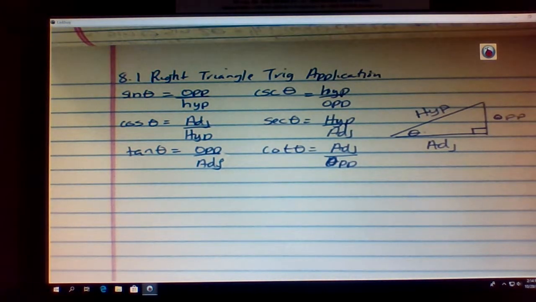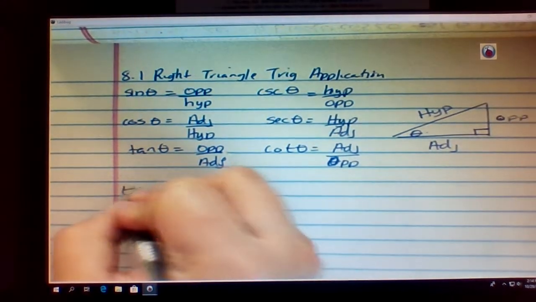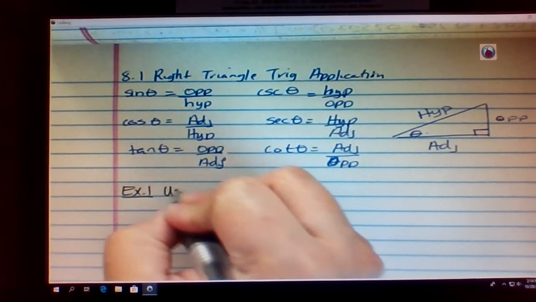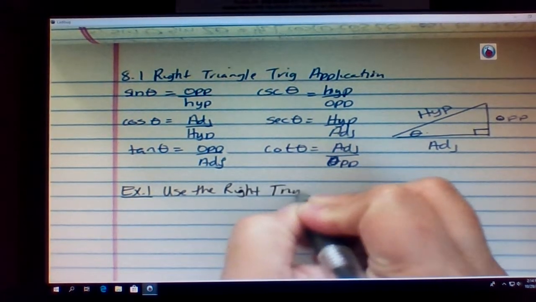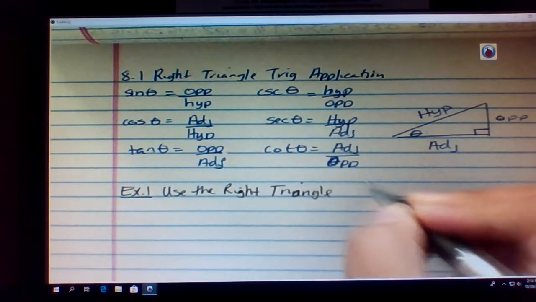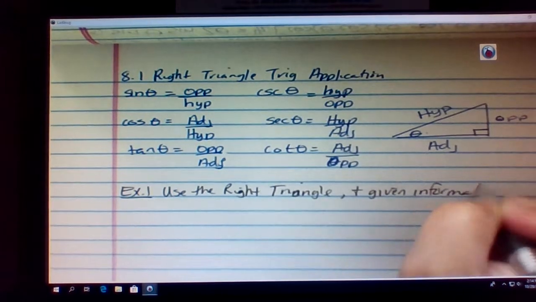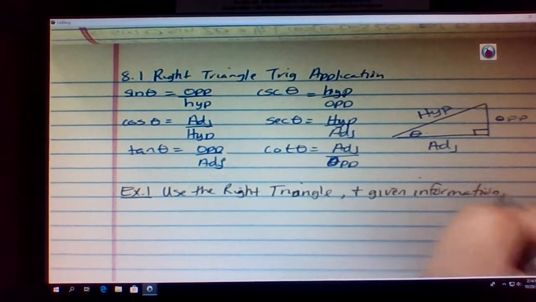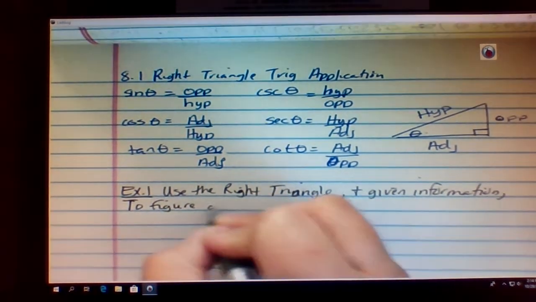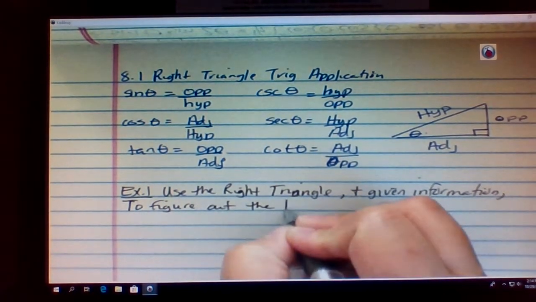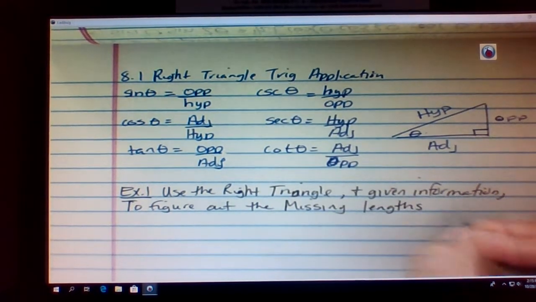For the first example, which is not the first problem on your assignment, but you should be able to do it: Example number 1, use a right triangle and given information to figure out the missing length and angles.